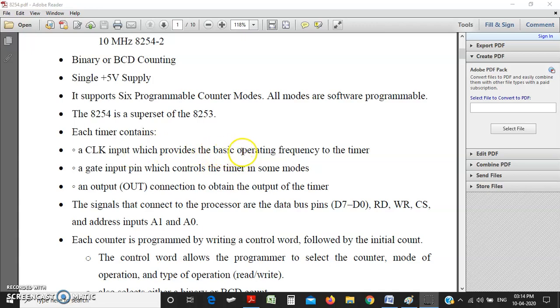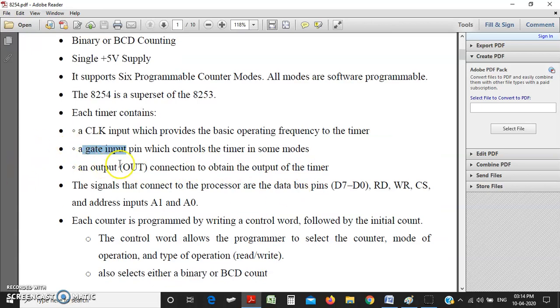So this clock will provide the basic operating frequency to the timer. A gate pin is used to control the timer or counters in various modes. And the output pin will produce the output of the timer.